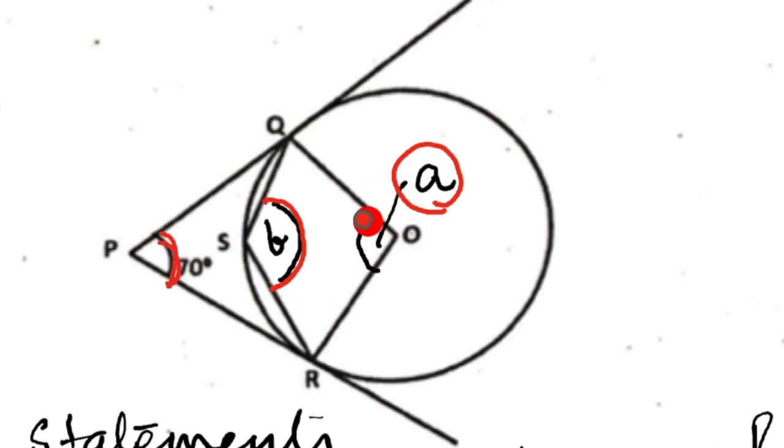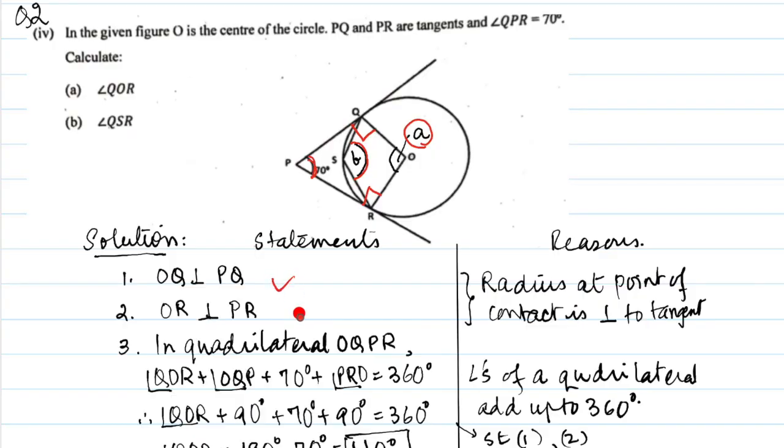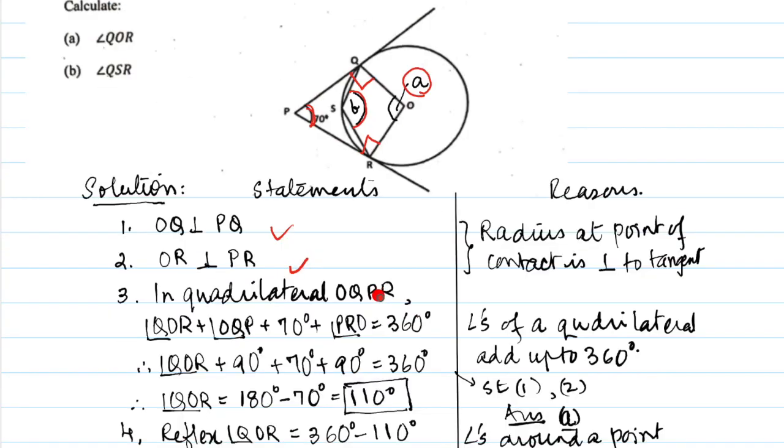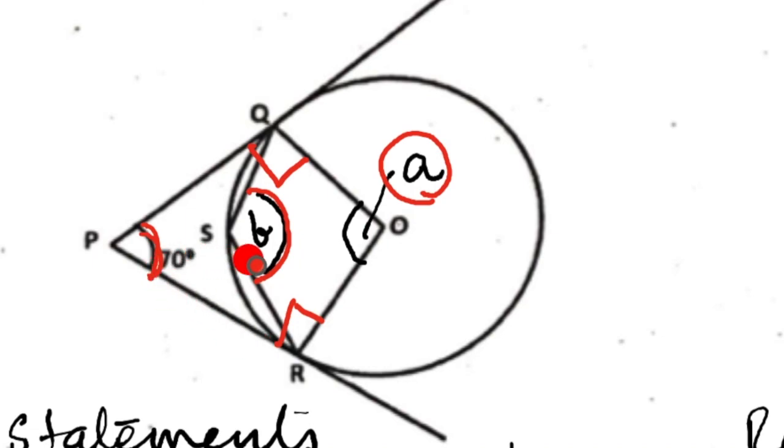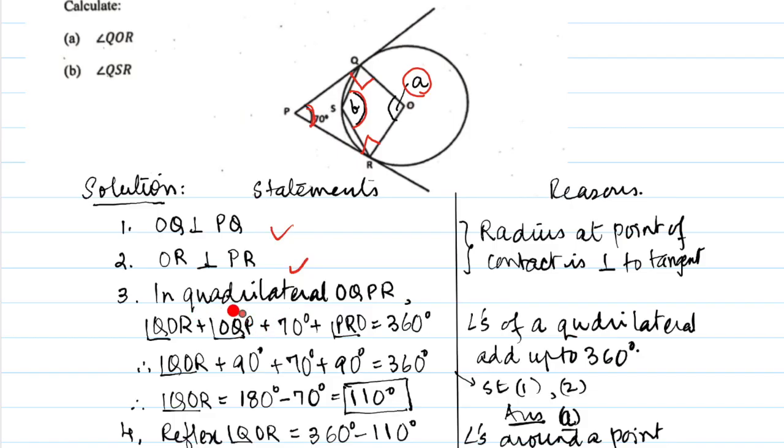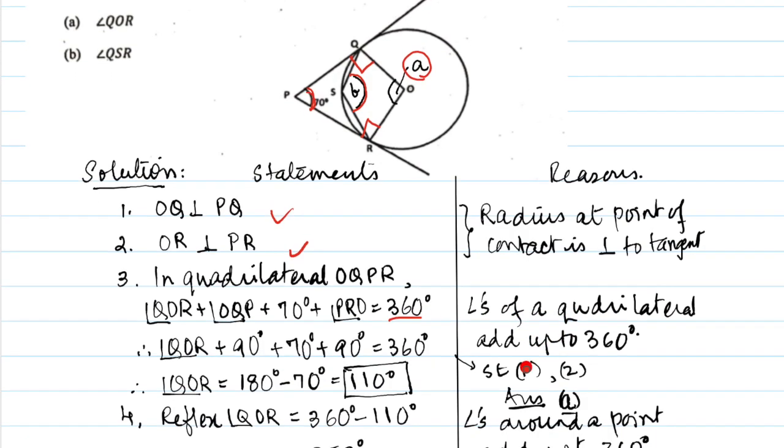Now remember, this OQ and OR, they are the radii at the point of contact, so they are going to be perpendicular to the tangents. So I have written just that. Can you see that? Now this quadrilateral, we have 70, 90, 90 and connected with this A. In the quadrilateral I have written the 4 angles, and the sum is 360 because angles of the quadrilateral add up to 360.